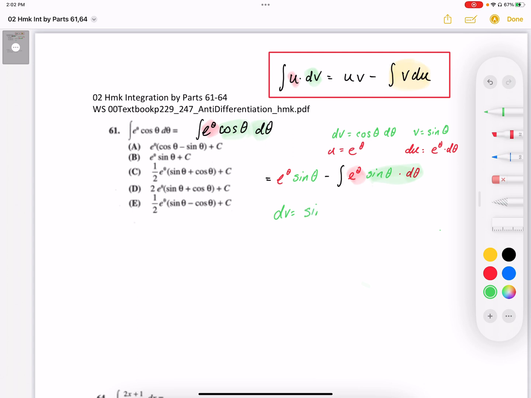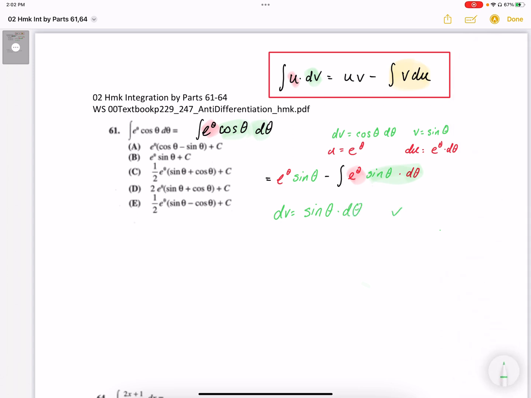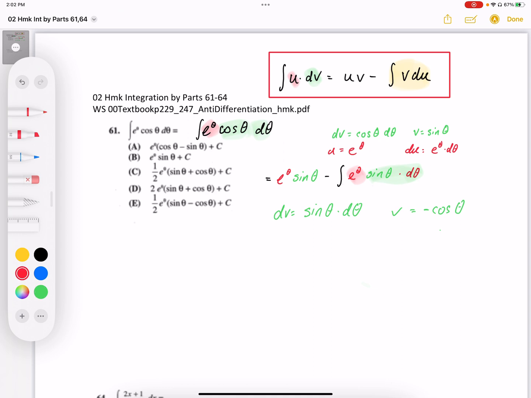So dv is sine θ, and v is the integral of that, which is negative cosine θ. And it's important to keep track of your pluses and minuses. So my u works out to be e^θ, very similarly to the above. du is e^θ dθ.